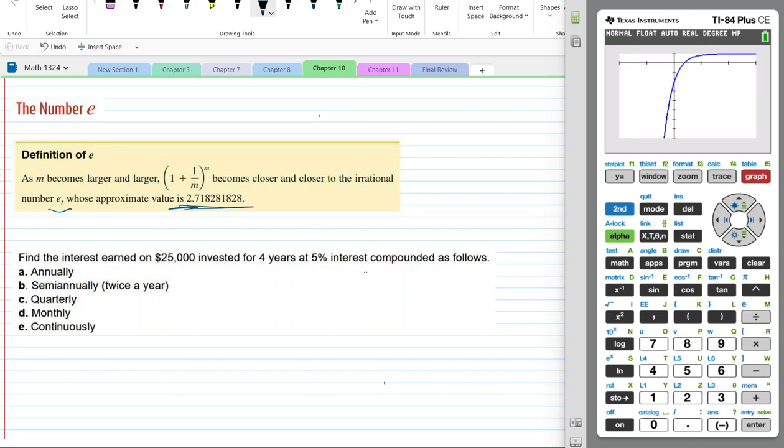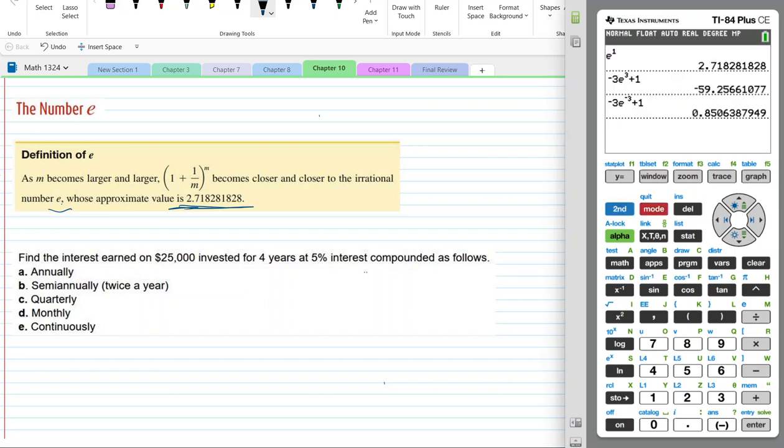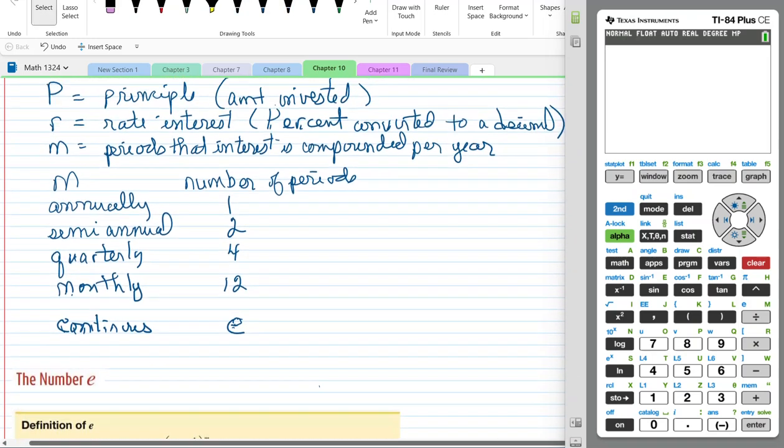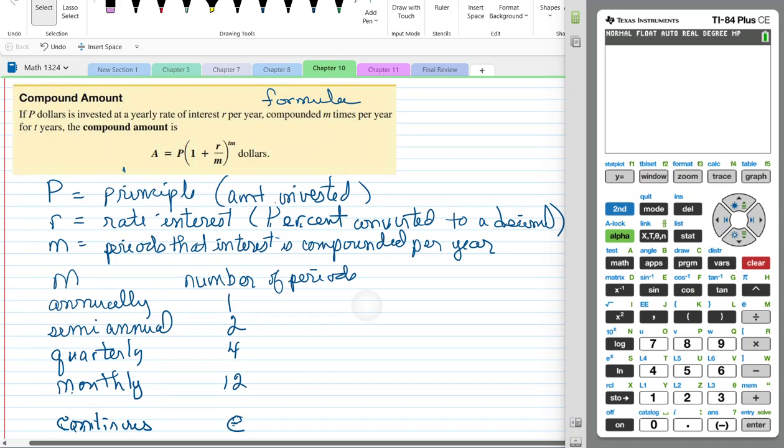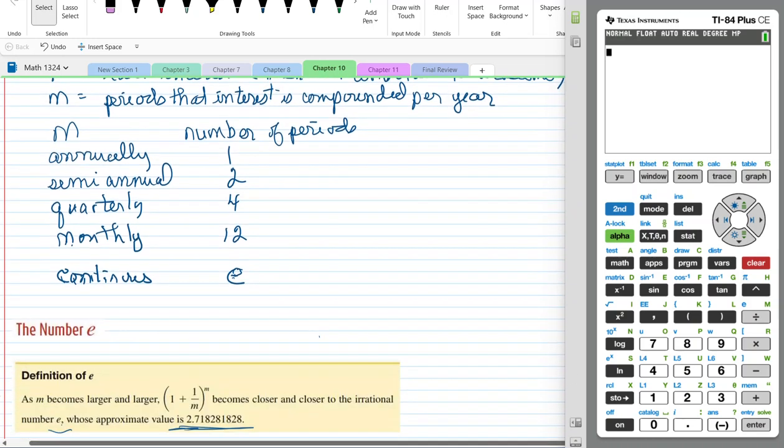And I think that's better than me teaching you something on the calculator. So I'm going to do it on the home screen. So remember our formula. Our formula is P, parenthesis 1, which is the principal, added to how much interest is earned for TM dollars.